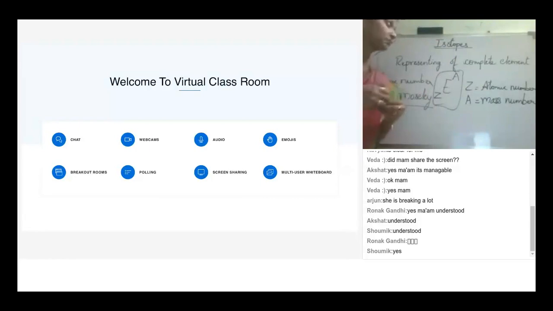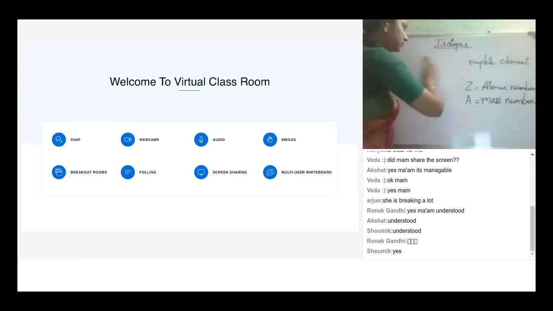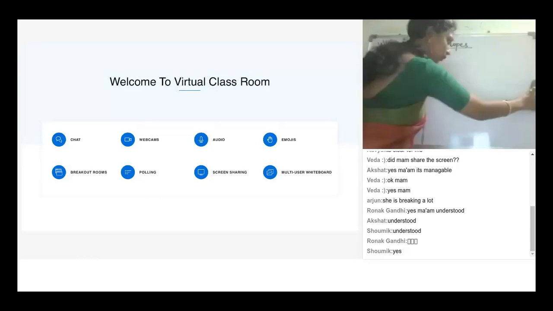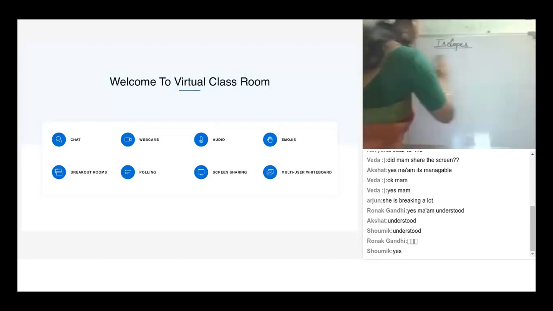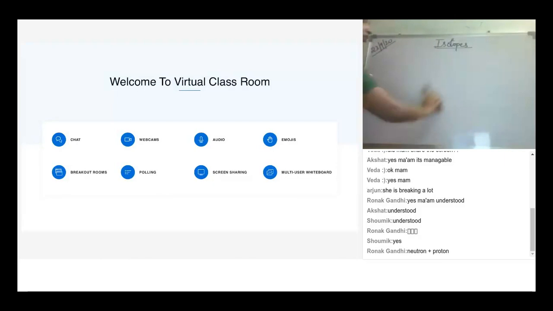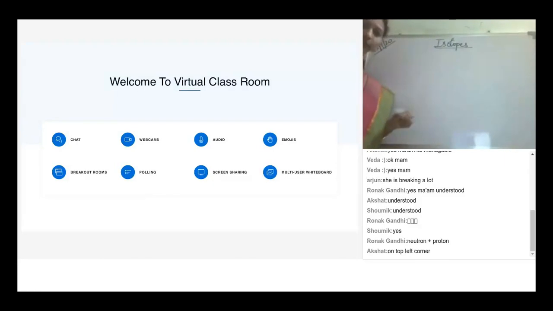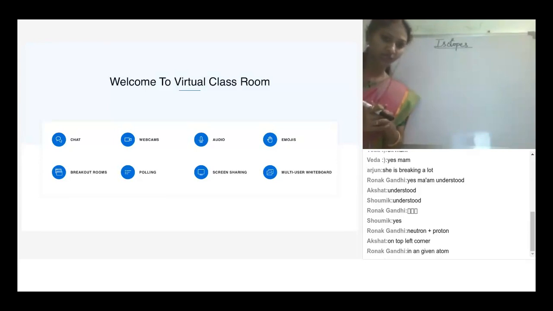So how to write the mass number? How to write the mass number, children? As what we are learning now in your standard 8, these are the fundamental concepts you are going to use for mass number.